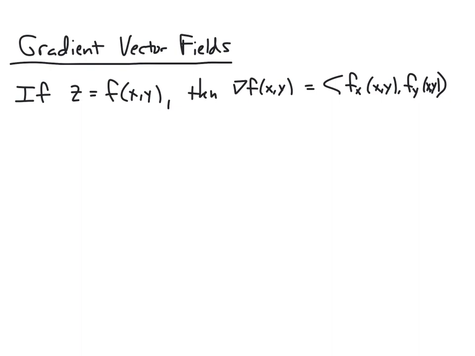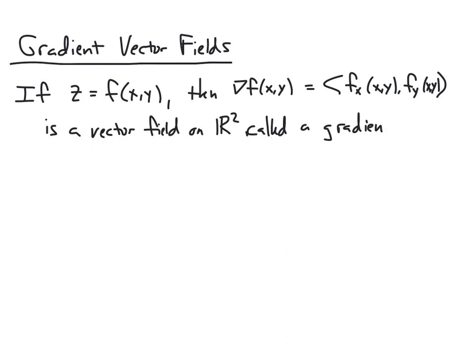And so this is a vector field, in this case on R2 or on some region of R2. And it's called the gradient vector field. So for each two-variable function f, we have a gradient vector field defined using the gradient of that multivariable function.